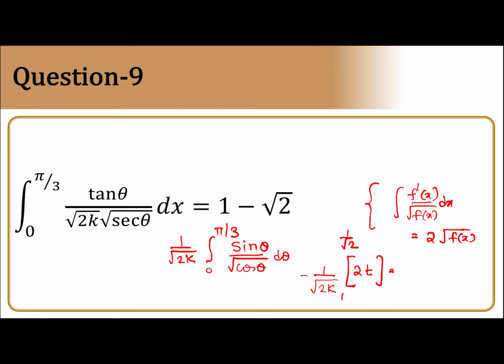So this becomes 1 by root k minus root 2 by root k. So k equal to 2 will satisfy. You will get 1 by root 2 minus root 2, which will cancel because the minus is outside.